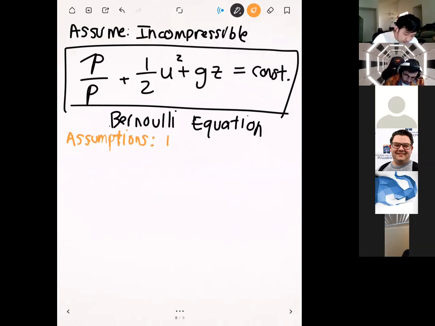Those go back to the previous lecture, but let me just summarize them here so you know. The first assumption that we made at the very beginning is that we're going to ignore viscosity. We're basically going to assume that the viscosity is either really small or just negligible compared to the pressure and the gravity forces.